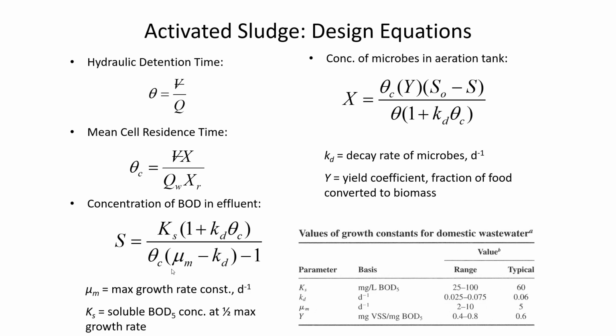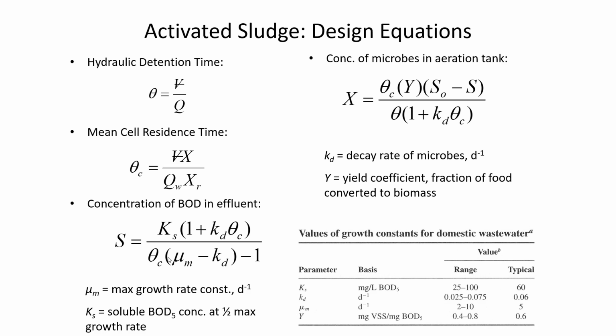So this formula allows us to understand what will be the concentration of BOD in the aeration basin and in the effluent. And the interesting thing is it doesn't depend on the concentration that's coming into the aeration basin. Not directly. It depends on other things like the kinetics, and then theta sub C is how long the cells spend in the aeration basin.